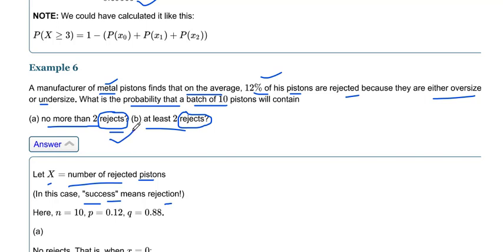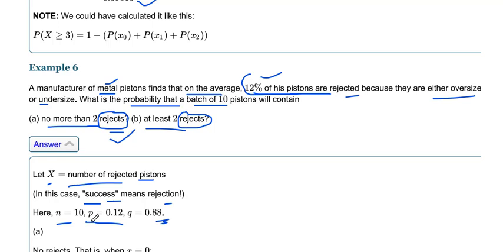So now we have trials n equal to 10. Here the probability of rejection is given, so p will be 0.12, not 0.88.